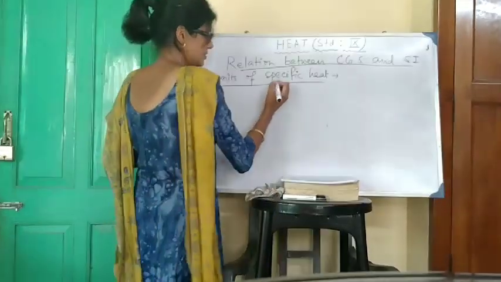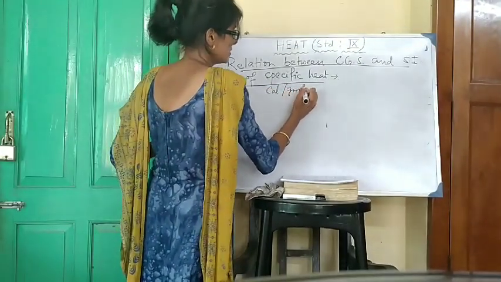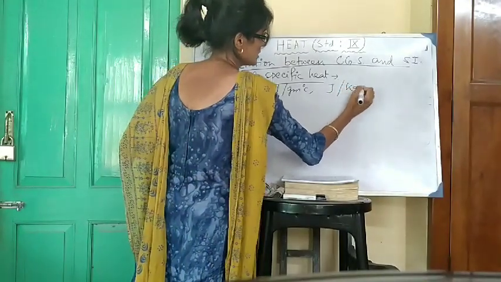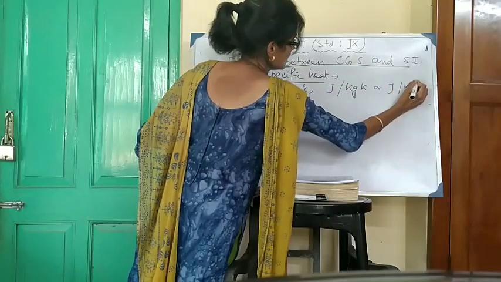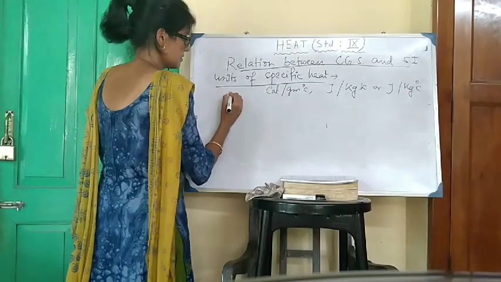Okay, CGS unit of specific heat, calorie per gram degree Celsius. SI unit of specific heat, joule per kg Kelvin or joule per kg degree Celsius. Right, start from the CGS system.